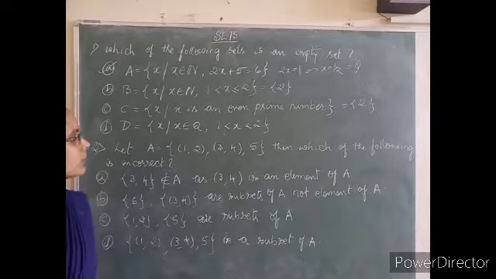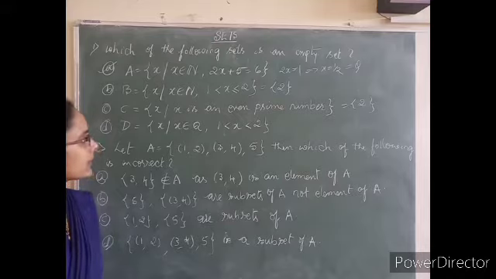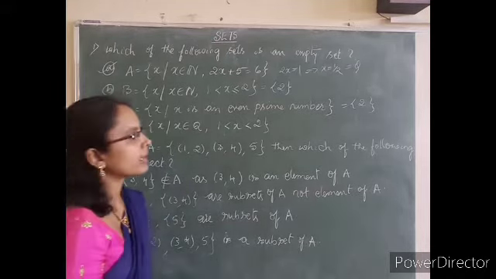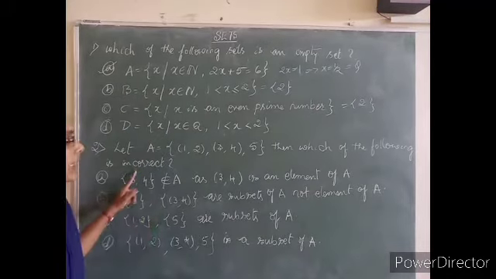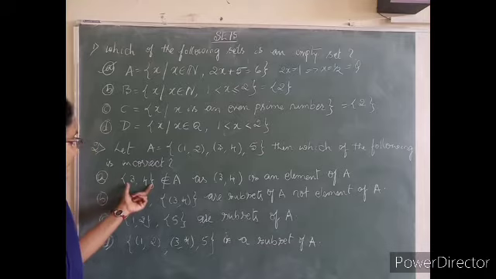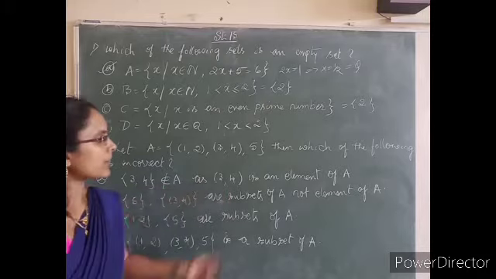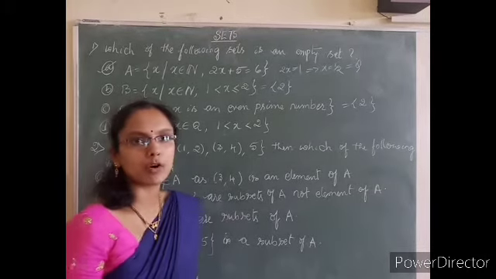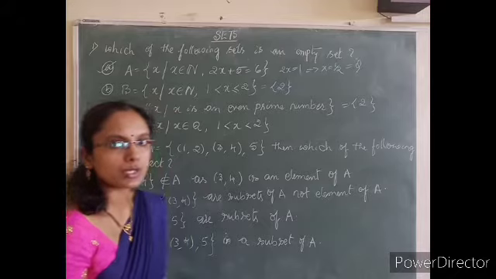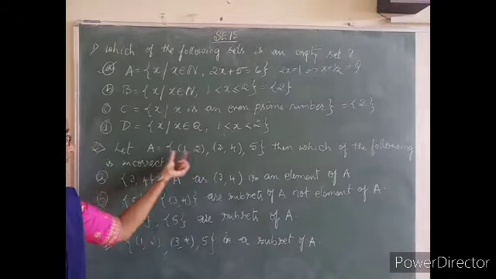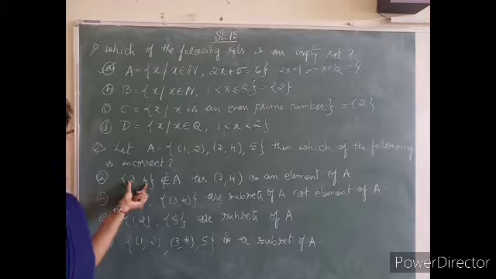Let A be the set containing the elements ordered pair (1, 2), ordered pair (3, 4), and 5. Then which of the following is incorrect? The first option: the set containing the element (3, 4) is not an element of A, as ordered pair (3, 4) is an element of A. So this is a true statement, because the ordered pair is an element of A, but the set containing it is not an element.